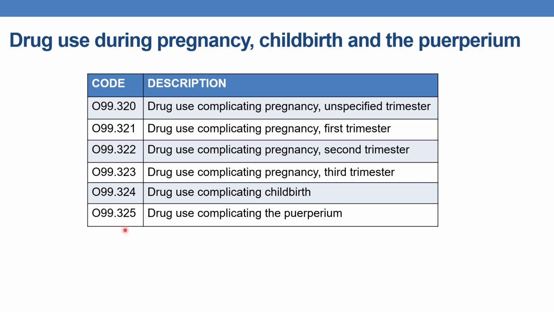And O99.325 indicates drug use complicating the puerperium. So if you just look at the sixth character, that would be appropriate. O99.31 indicates alcohol use, O99.32 indicates drug use, and O99.33 indicates tobacco use. Sixth character is the same, depending upon the trimester, whether it is affecting childbirth or puerperium.